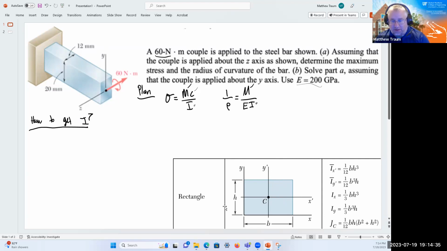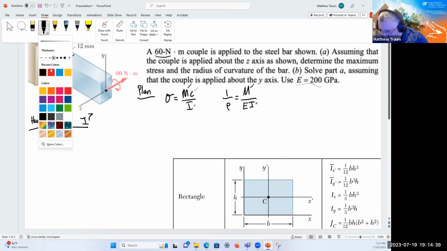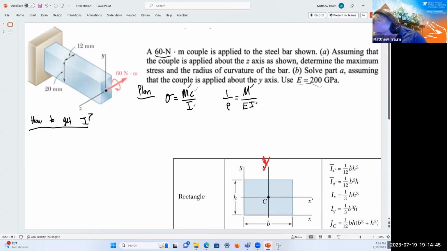All I'm going to do is change this y prime to y, and that means here this gets changed to y, and here I'm going to change x prime to z, which means this gets changed to z.